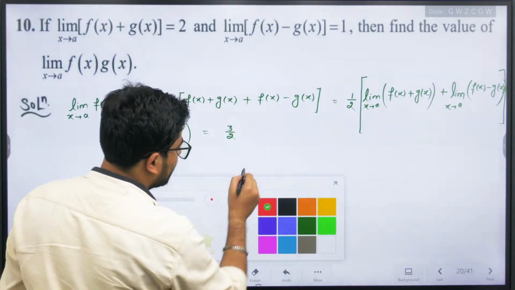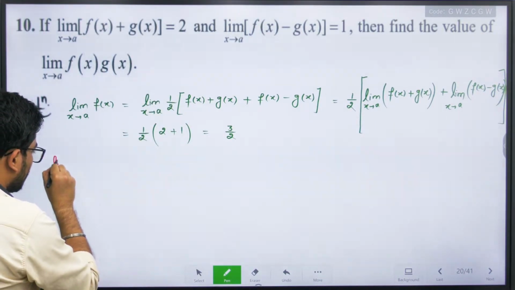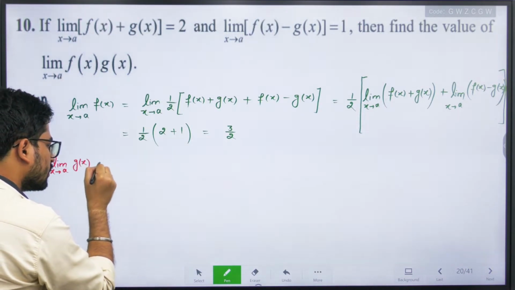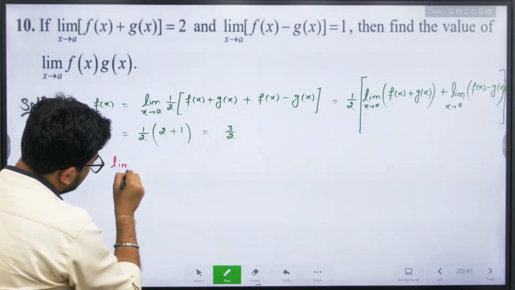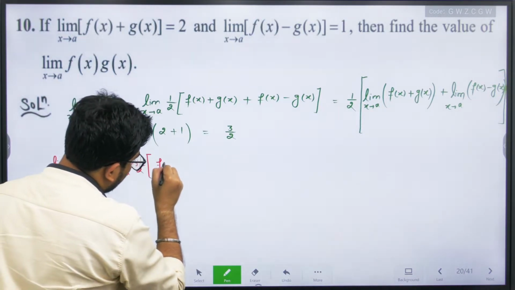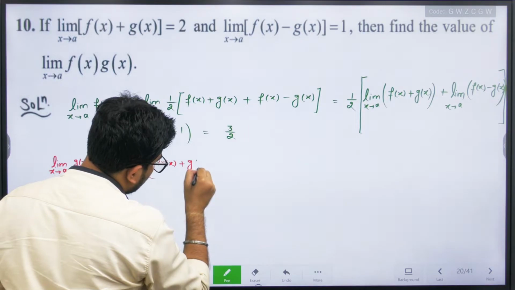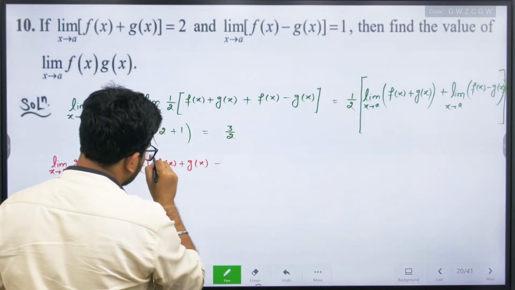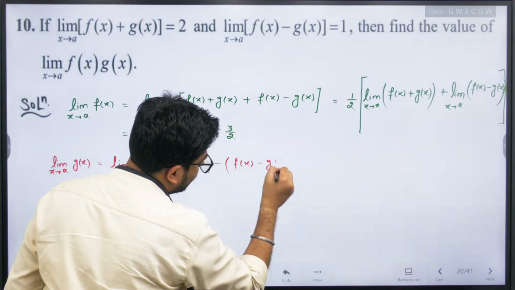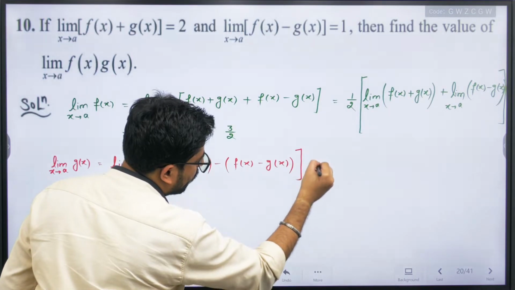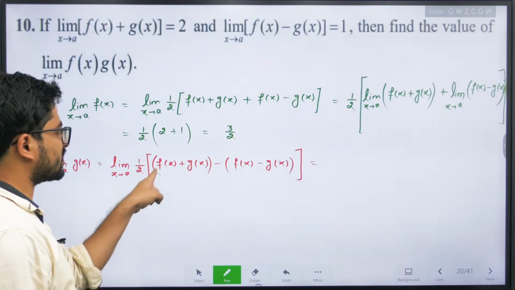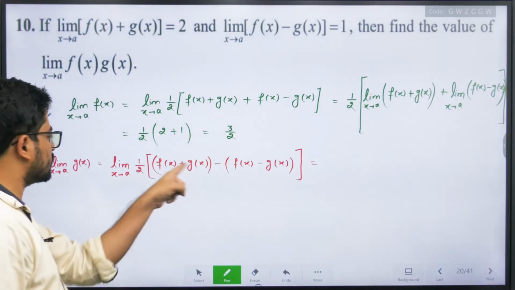Similarly, you can calculate limit x tends to a, g(x). That thing is limit x tends to a, half of f(x) plus g(x) minus f(x) minus g(x). Yes, f(x) plus g(x) minus f(x), and plus g(x) minus f(x), f(x) cancel. This is 2g(x), 2 cancels with 2, so this is g(x).